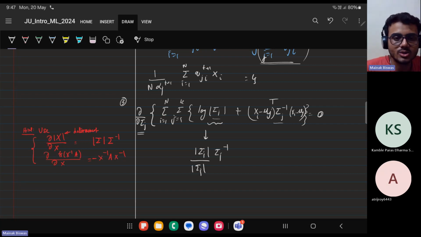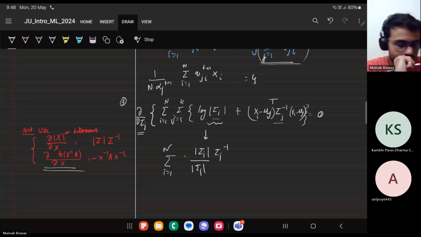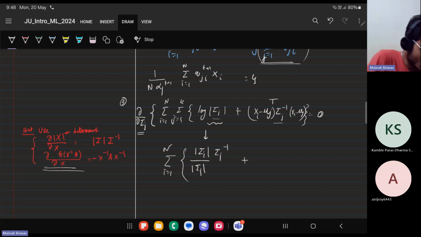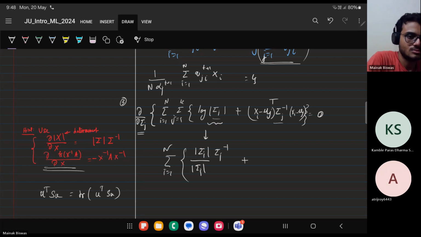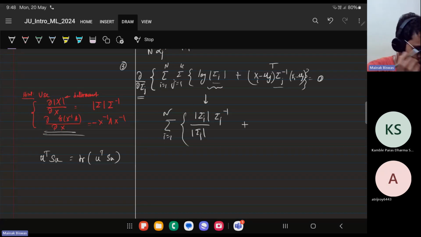But the second term, how am I going to use this trace formula? Any idea? Can we write U transpose S U as trace of U transpose S U? And if yes, then tell me why.